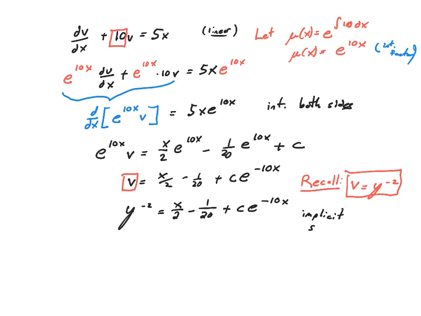And the reason why I want to leave this implicit is because if you look at this, what's going to happen is this is really just going to be 1 over y squared, and in order for me to solve for y, not only would I have to take the reciprocal of the right-hand side, but then I'd also have to take the square roots.